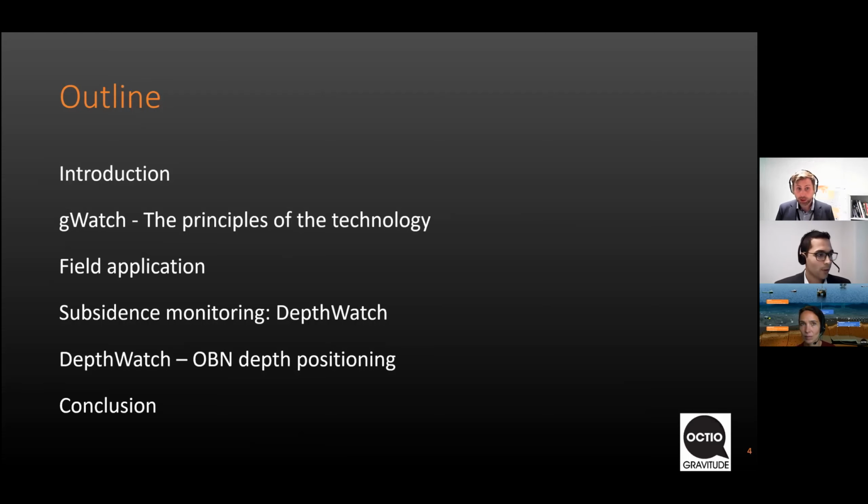Then I'm going to talk a little bit about subsidence monitoring, the technology we call Depthwatch. And at the end, I'm going to give just a couple of words about one of the incremental values from Depthwatch, namely using the Depthwatch technology to position ocean bottom nodes in the depth, before I draw some conclusions at the end.